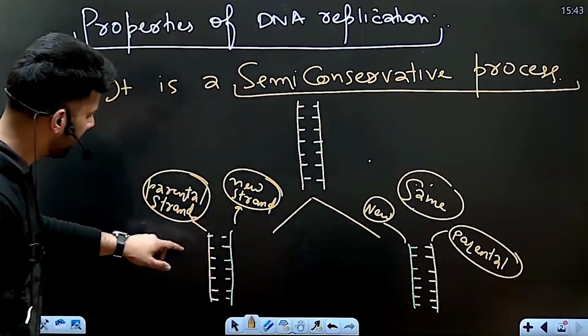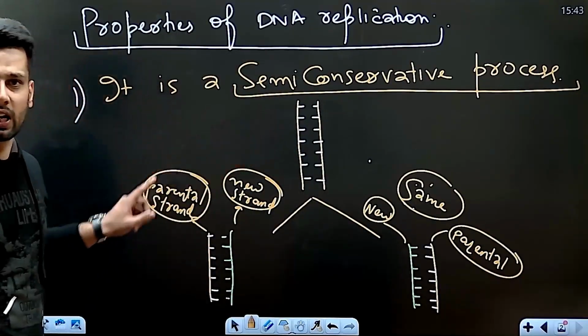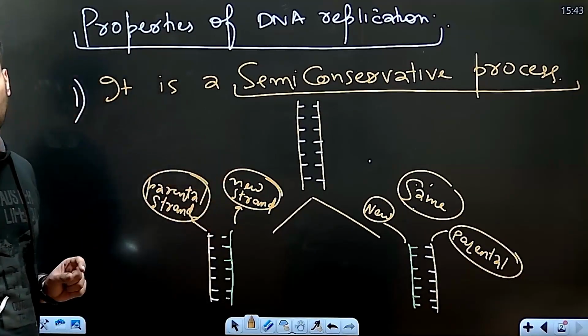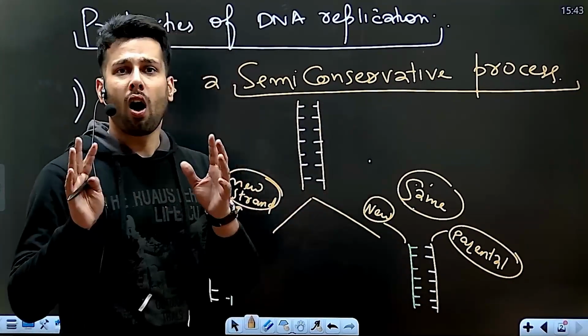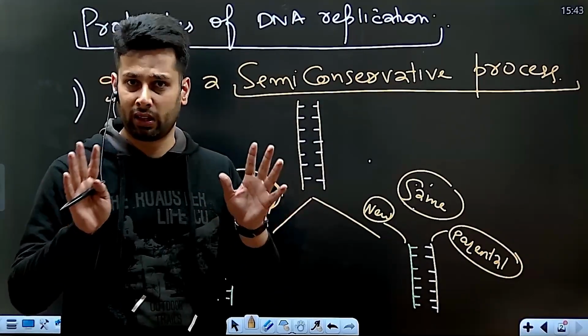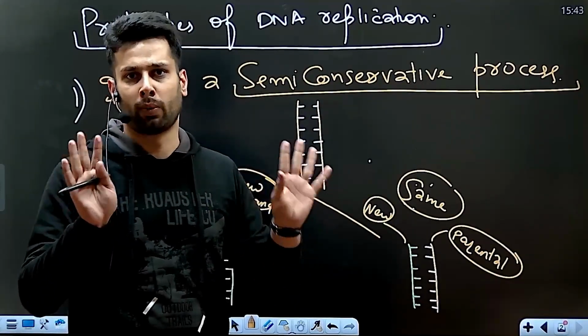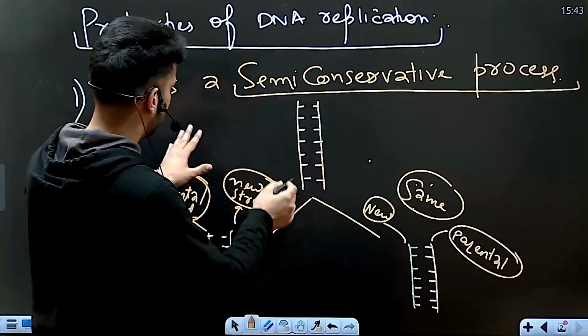So 50% of the new DNA is from the parental DNA and 50% is the new molecule. That is why we call it semi-conservative, which means half of the new DNA is from the parental DNA.